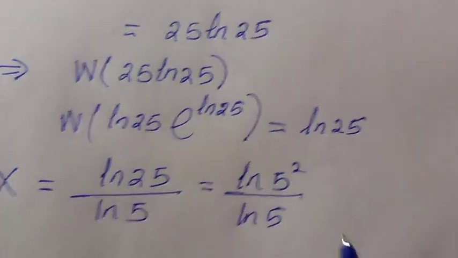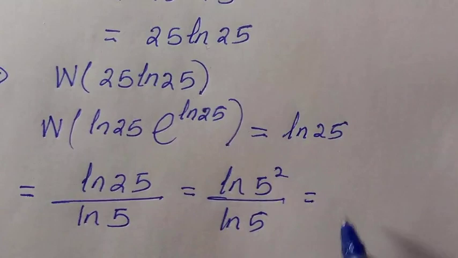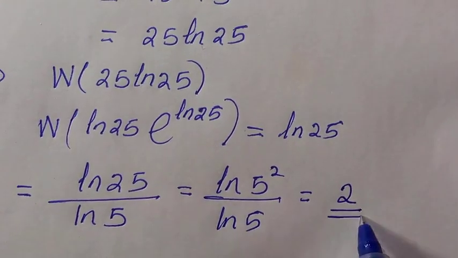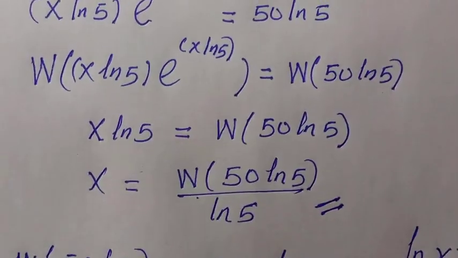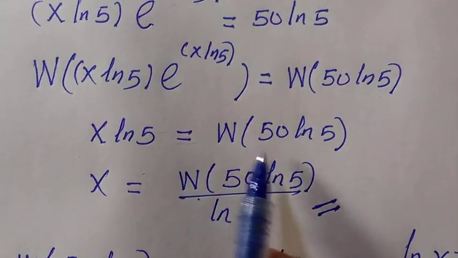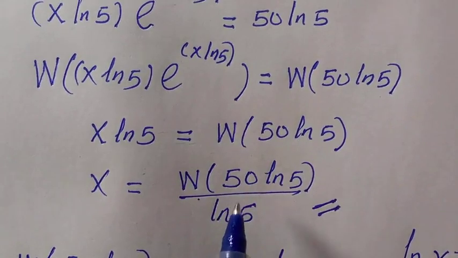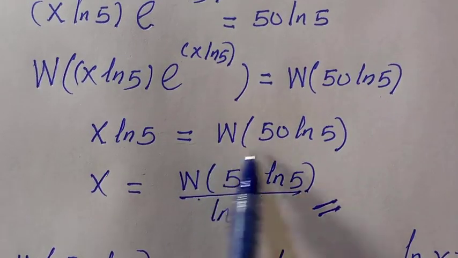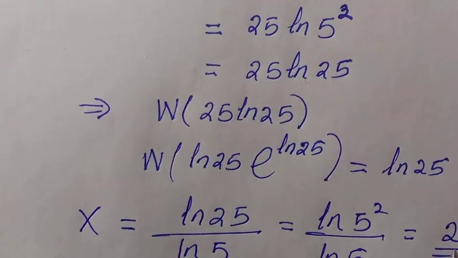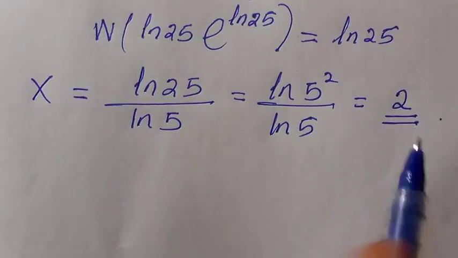So when 2 comes here, we have ln 5 cancelled, and therefore x equals 2. Wow. So when we plug it here, we can still manipulate it to get the real value without applying the Wolfram Alpha tools, and we got the value of x, which equals 2.